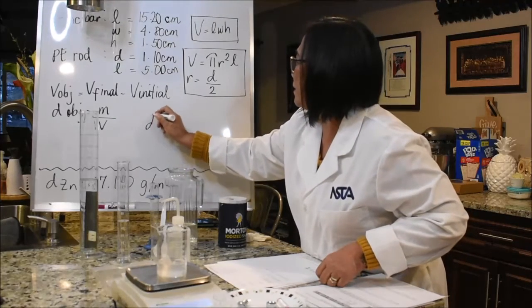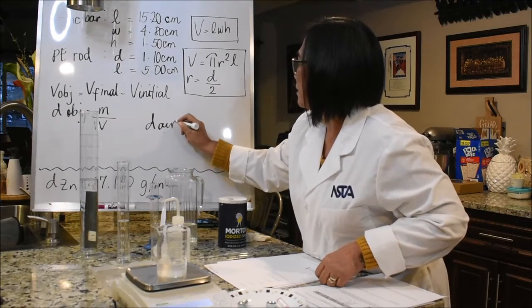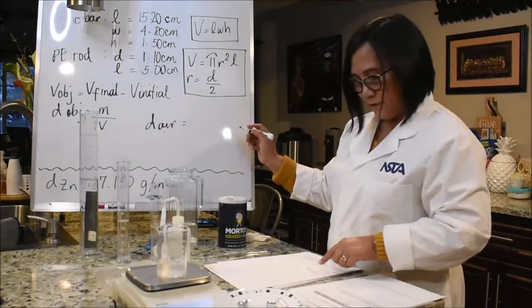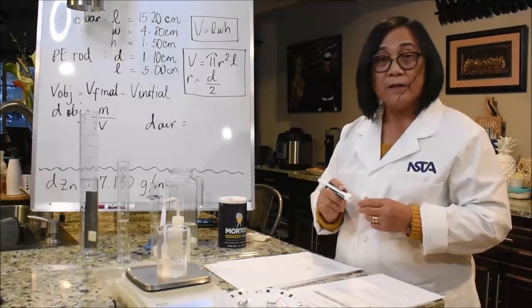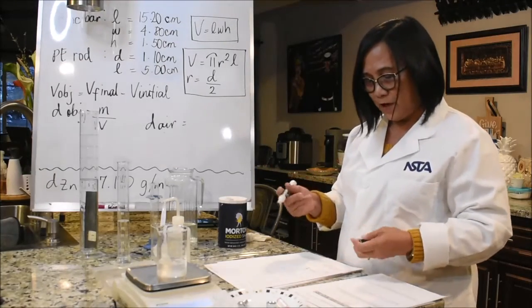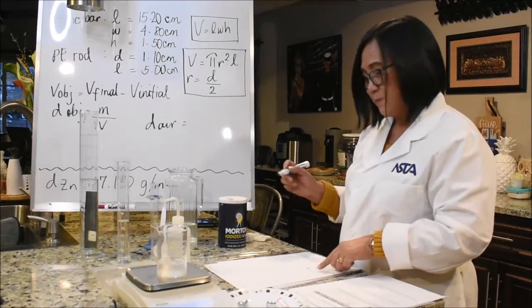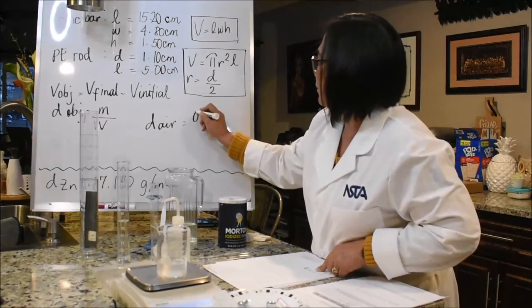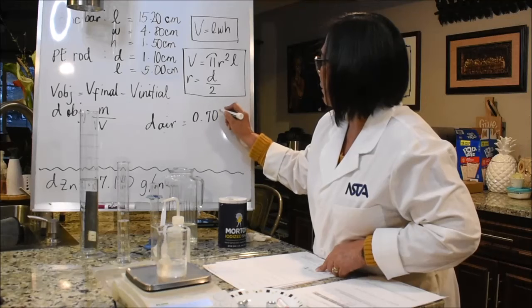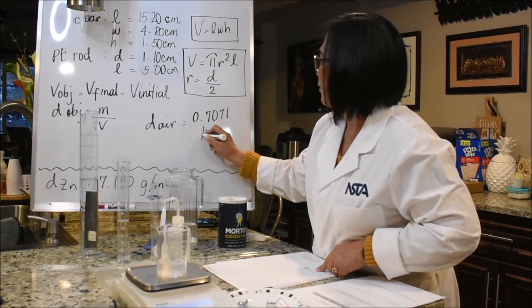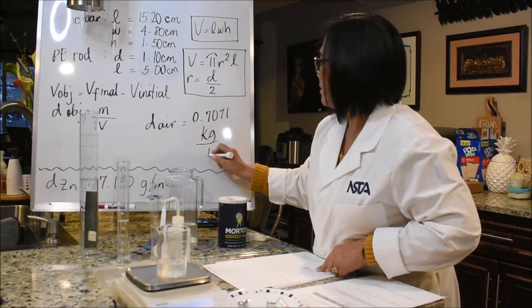And I will just write it down here. The density of air at 29 degrees Fahrenheit and at approximately 7,000 feet above sea level is 0.7071 kilograms per meter cubed.